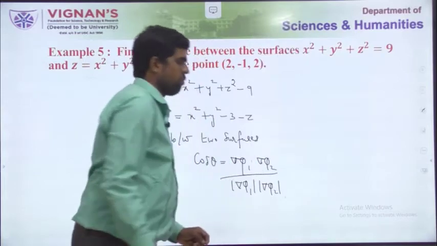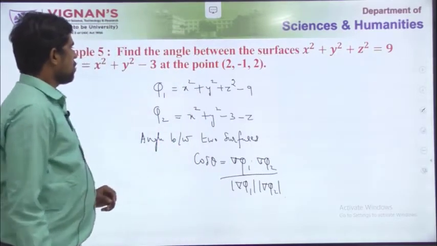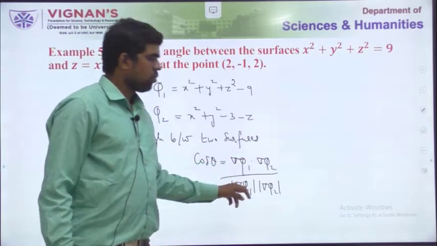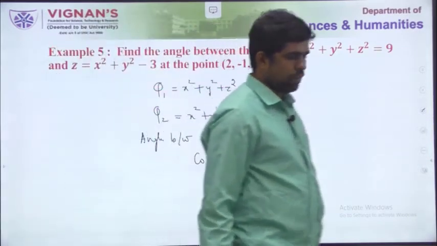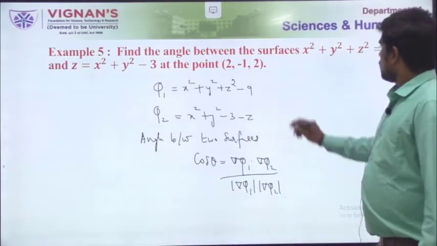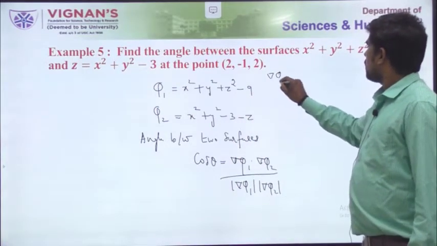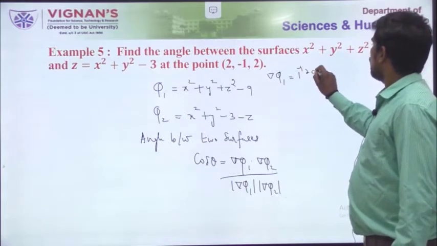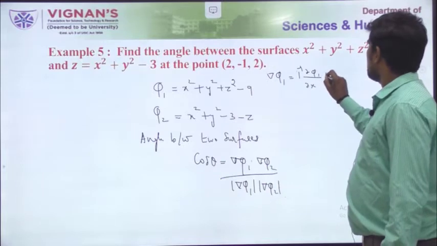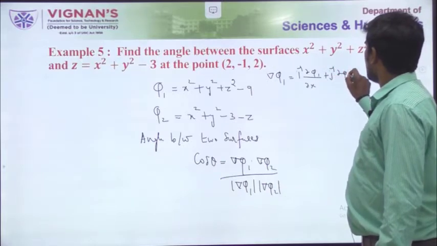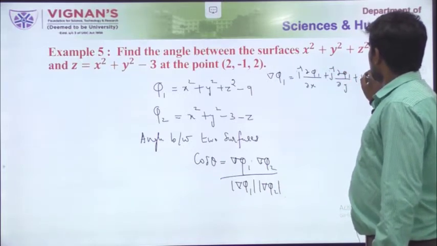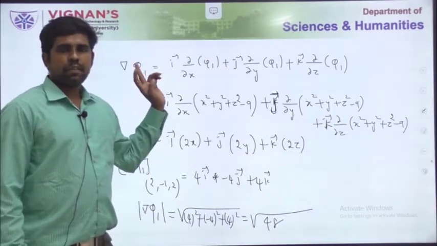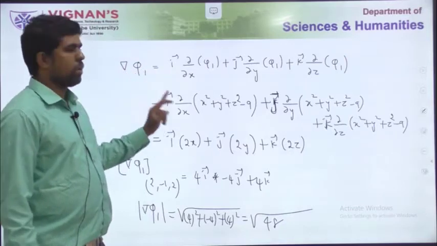So what I need, I have to find del phi 1, del phi 2, all the required values. So what is del phi 1? What is the definition? I vector into dou phi 1 by dou x plus j vector into dou phi 1 by dou y plus k vector into dou phi 1 by dou z.